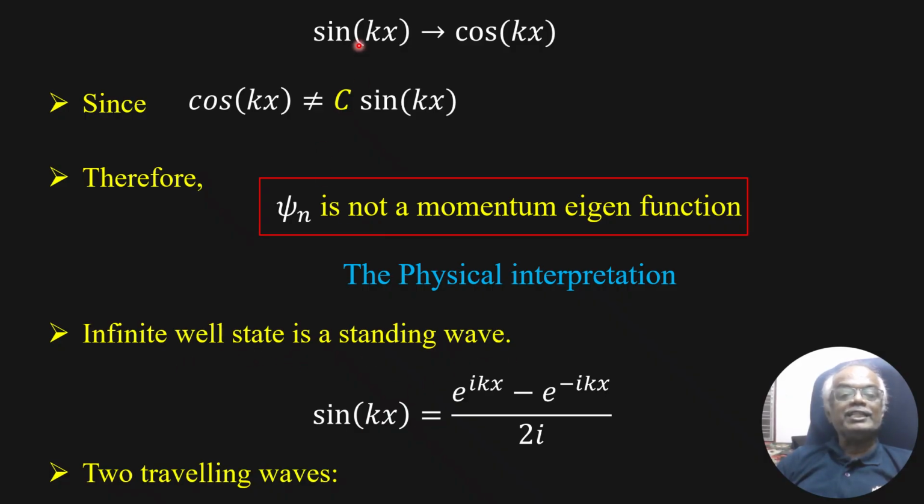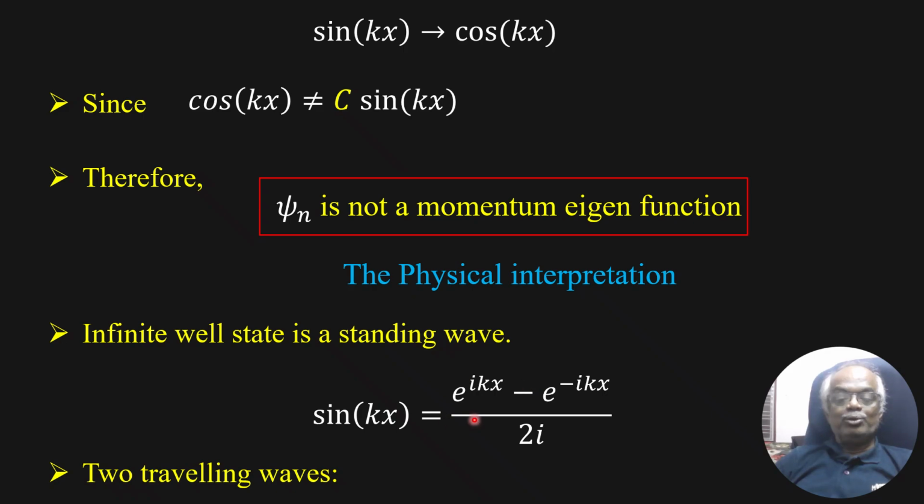That is sine kx, and it is a linear combination of two traveling waves: e to the power ikx minus e to the power minus ikx, over 2i. So you can see that this is a linear combination of two traveling waves.